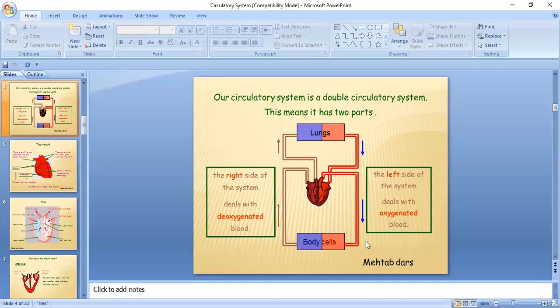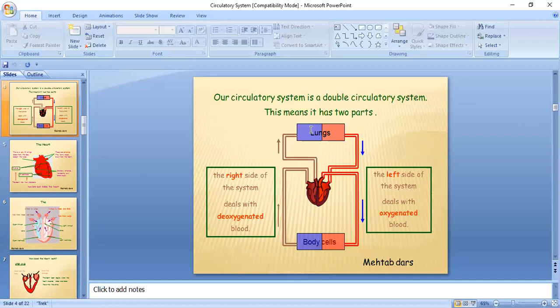Now you can see here the heart structure and lungs structure. From the different parts of the body, the blue color shows the deoxygenated blood, which moves into the heart and then from the heart toward the lungs. During the respiration process, gas exchange occurs, so carbon dioxide is released and oxygen is inhaled.